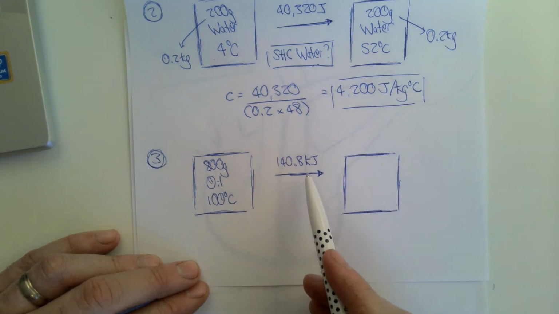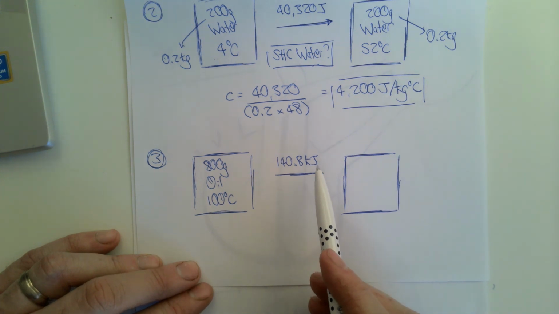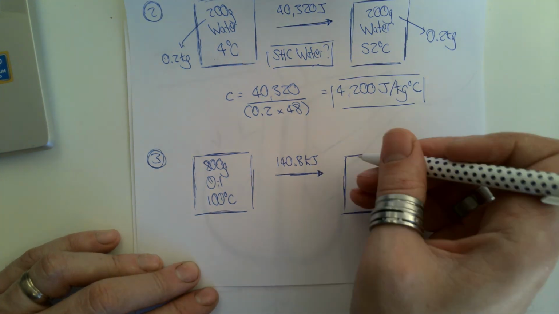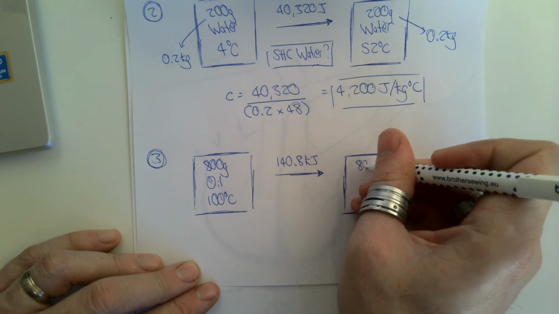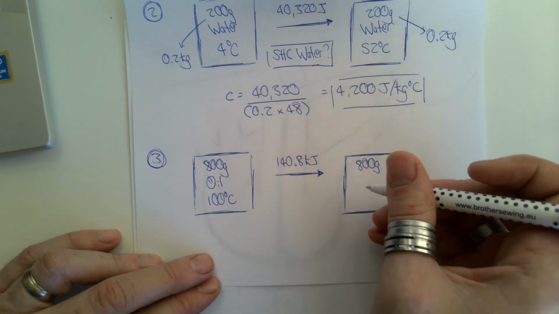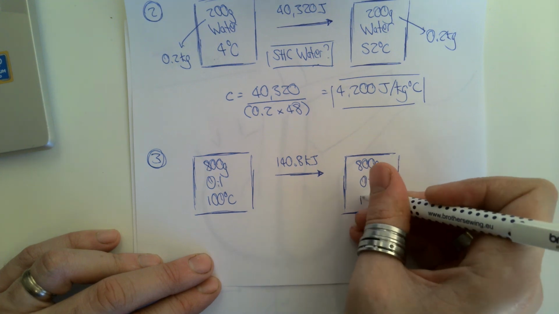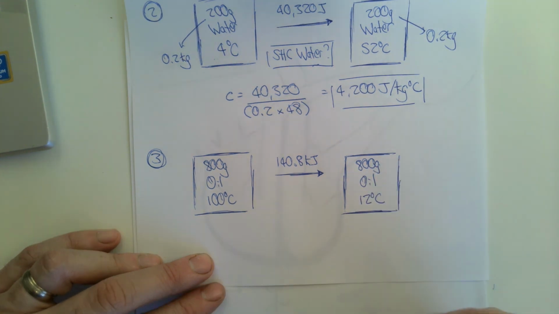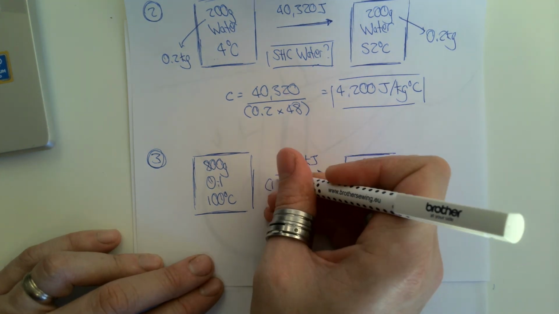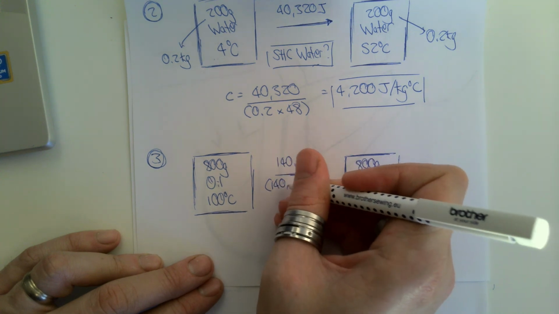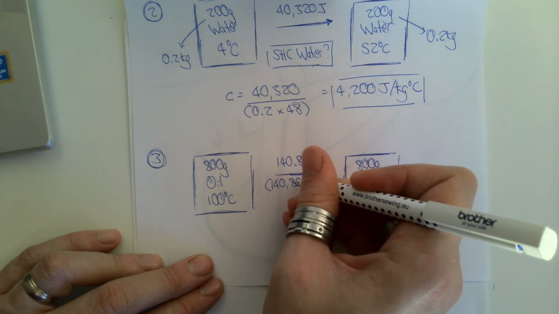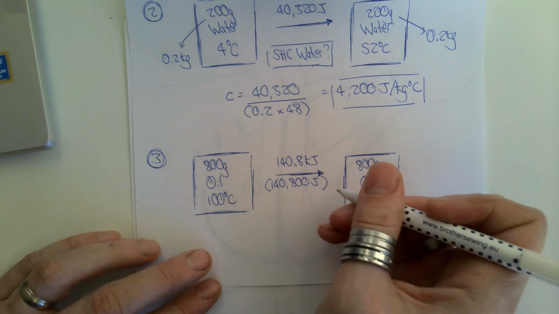And remember, that's 140,800 joules. 800 grams of oil becomes 12. And when we say apply, it's the amount of energy that's lost. So remember, our energy needs to be in joules. So 140,800 joules converted.